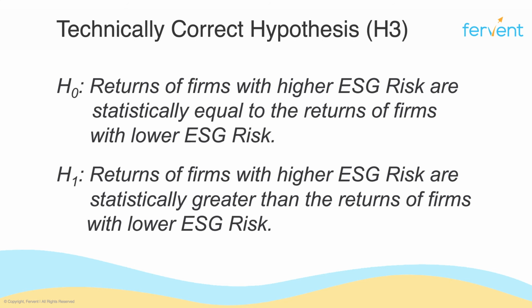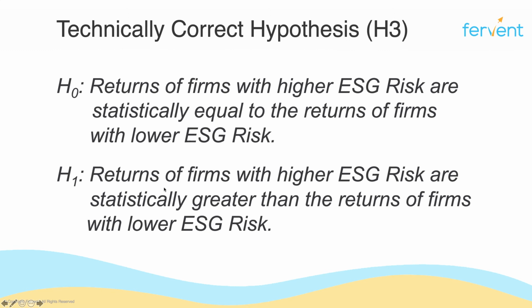So within the context of, say, asset pricing, if we're speaking to people in asset pricing, we challenge the status quo by saying returns of firms with higher ESG risk are statistically greater than the returns of firms with lower ESG risk. Equally, we could even challenge the status quo by saying that they're not equal, right?